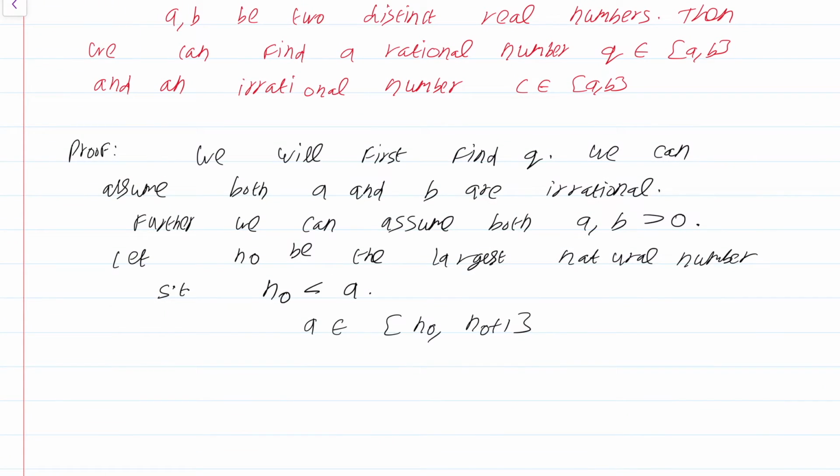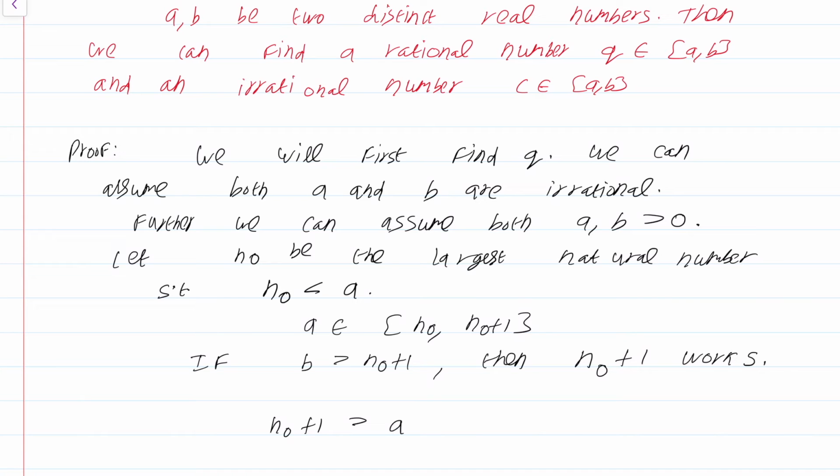Now there are two possibilities. If b is greater than n naught plus 1, then n naught plus 1 works, because n naught plus 1 is greater than or equal to a.